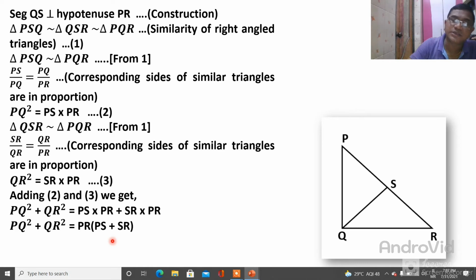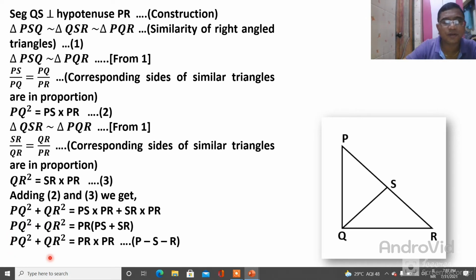So PS plus SR is equal to PR. So PQ square plus QR square is equal to PR into PR, which gives PR square.